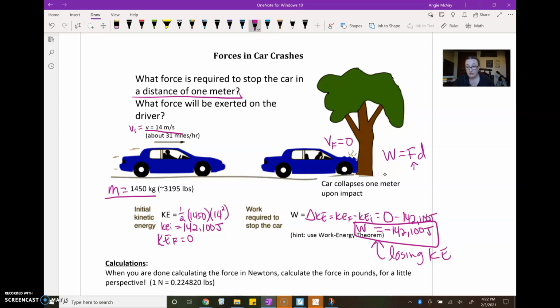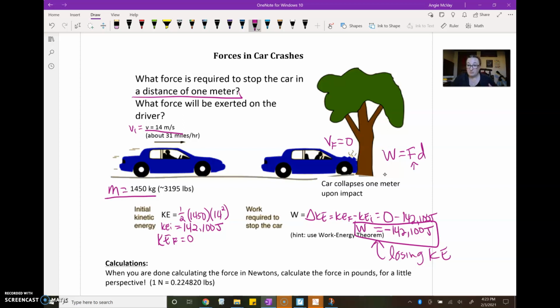Well, what a piece of junk of a car, right? The hood crumpled a whole meter. It's actually part of the safety mechanism. If you open up the hood of a car, you'll probably see a lot of empty space. I can often see the ground when I open the hood of the car, like look down and you can see the driveway down below.